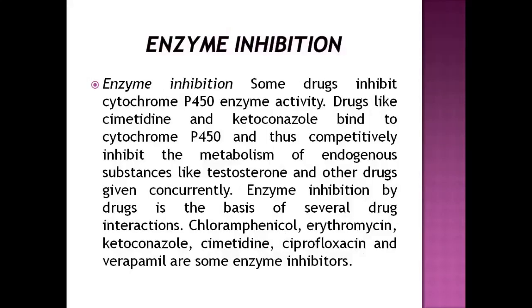What is enzyme inhibition? Some drugs inhibit cytochrome P450 enzyme activity. Drugs like cimetidine and ketoconazole bind to cytochrome P450 and thus competitively inhibit the metabolism of endogenous substances like testosterone and other drugs given concurrently.